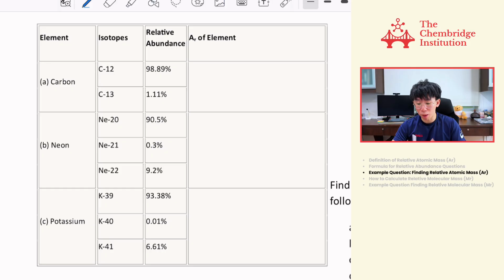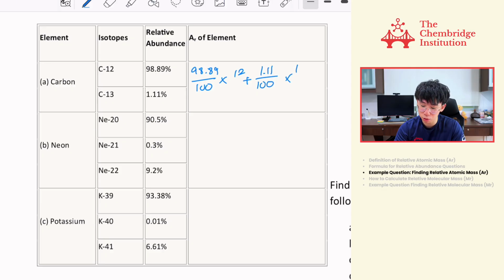But 1.11% of these carbon isotopes will be carbon-13. So to calculate the relative atomic mass of carbon, we take 98.89 divided by 100 times the mass, which is 12, plus 1.11 divided by 100, which is the abundance again, times the mass, which is 13.